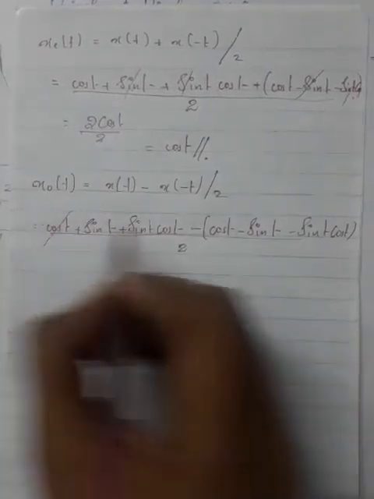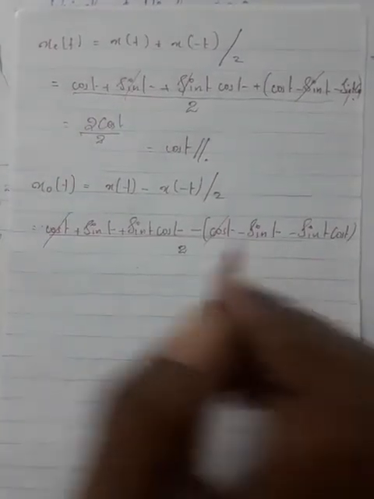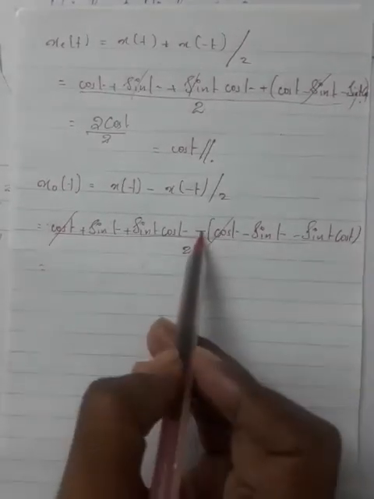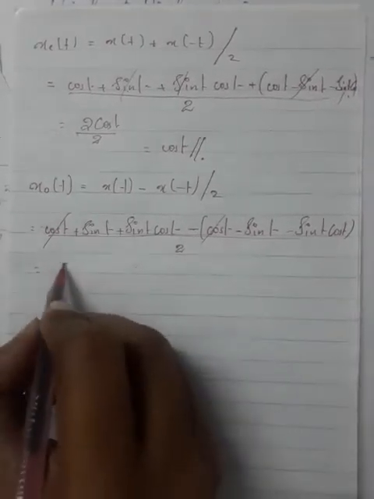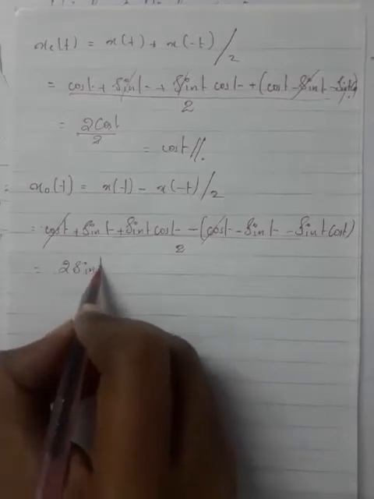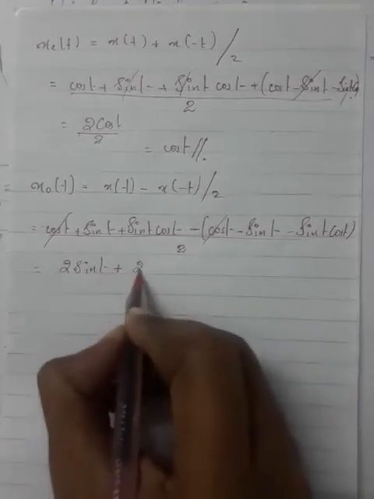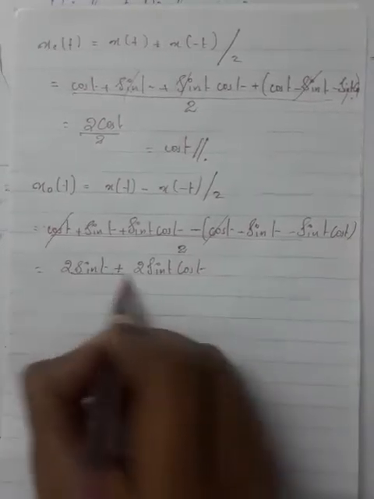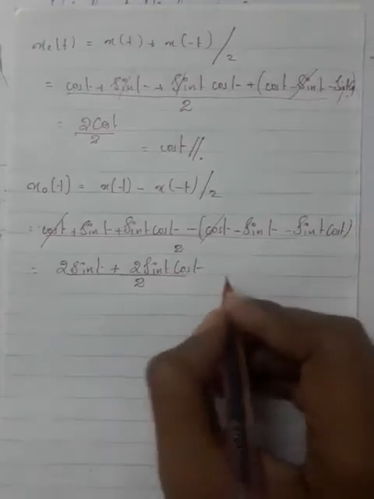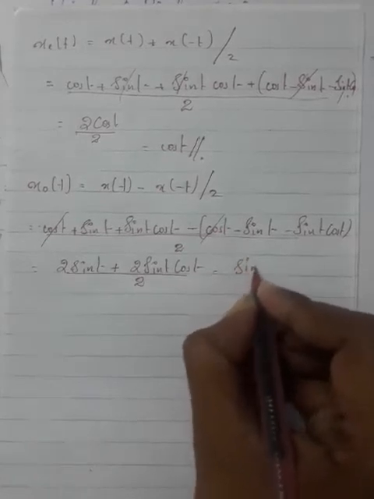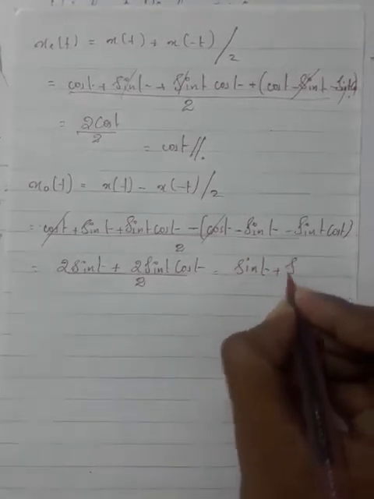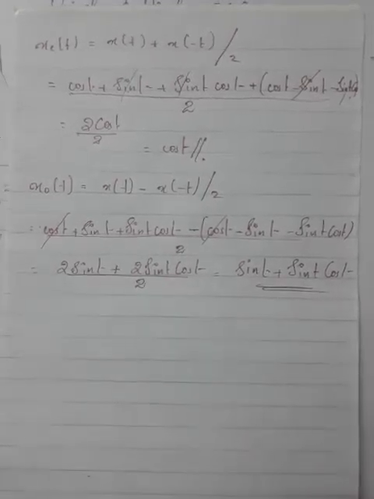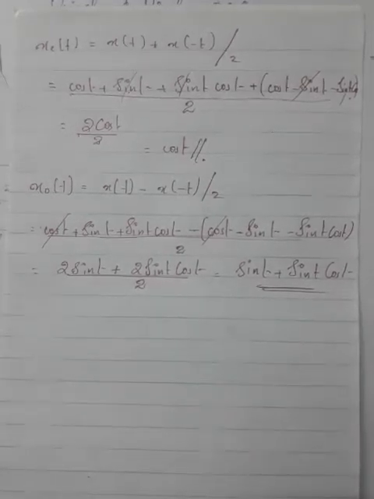So cos t and cos t will cancel out. Then we will get sin t and minus of minus sin t, that is sin t. So 2 sin t plus 2 sin t cos t by 2, which is equal to sin t plus sin t cos t. This is another example.